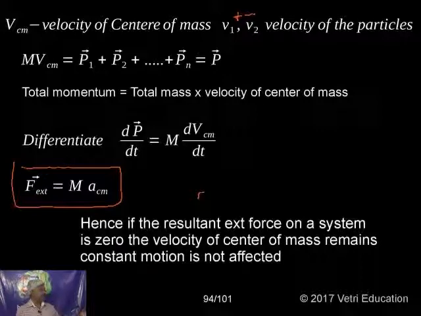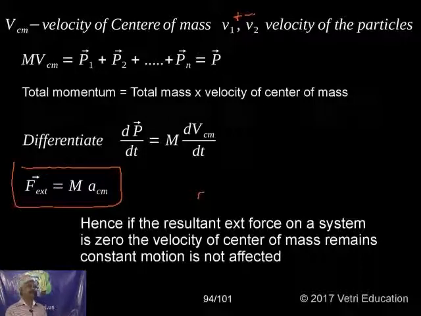Hence, if the resultant external force on a system is 0, the velocity of the center of mass remains constant, and motion is not affected. Velocity is always constant, therefore acceleration becomes 0. That is the concept you have to understand.